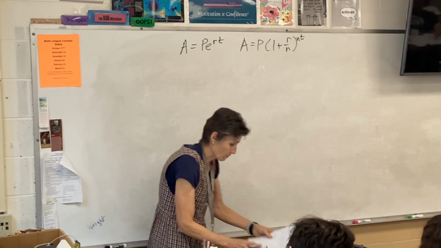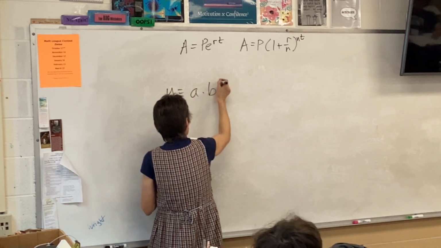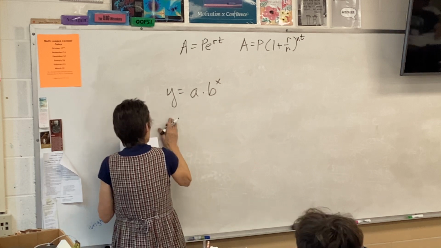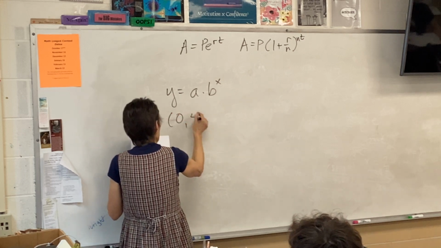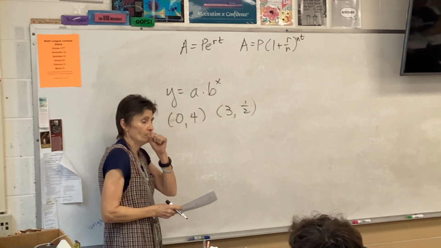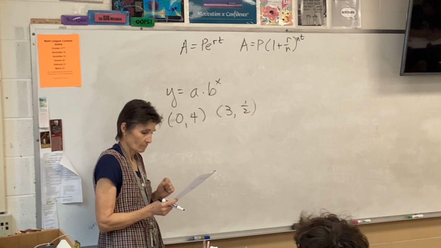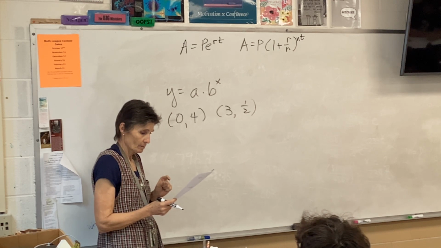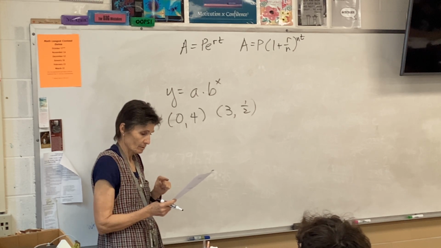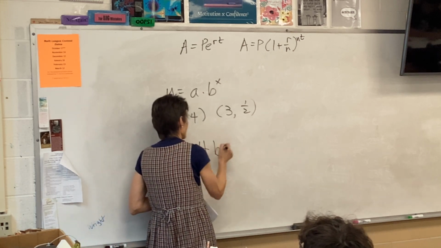Okay, so I'm gonna write an exponential function. And the points I have are (0, 4) and (3, 1/2). Okay, so I know a is 4, so I'm starting with that.